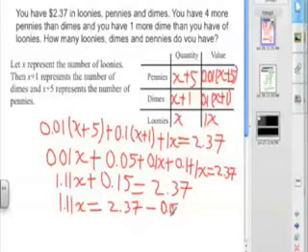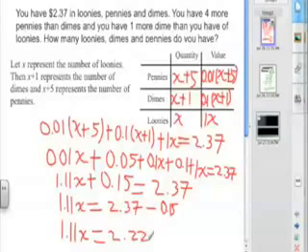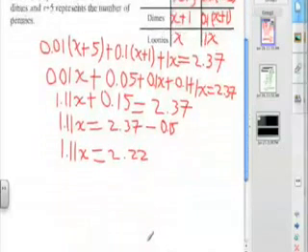So now we have 1.11x equals 2.22. And just like a regular one, all we have to do is divide both sides by 1.11.